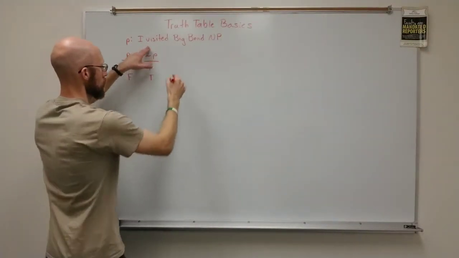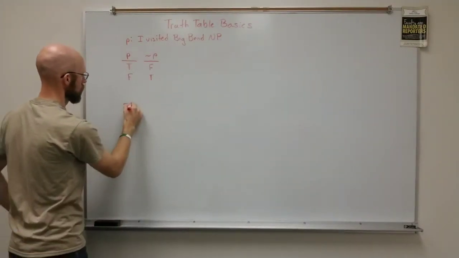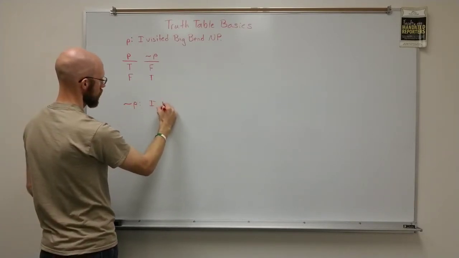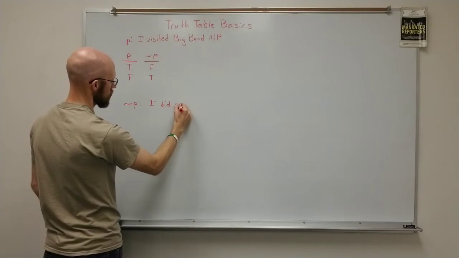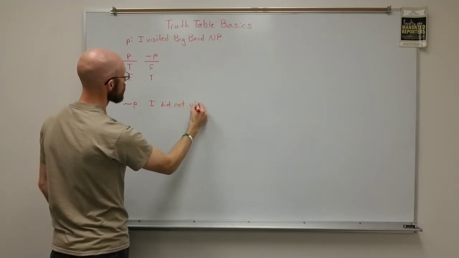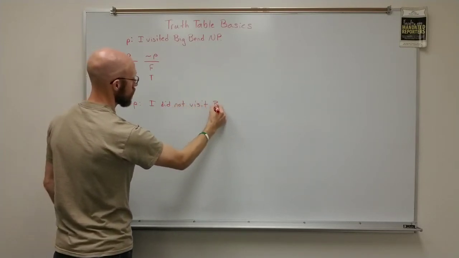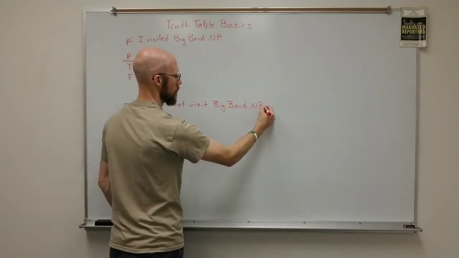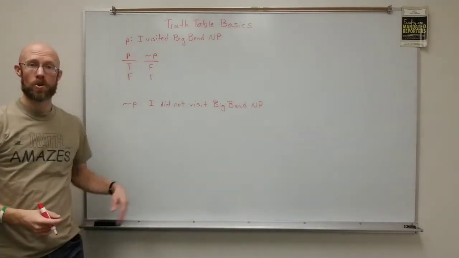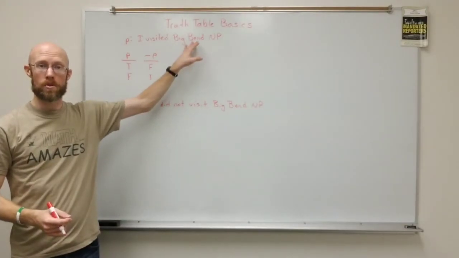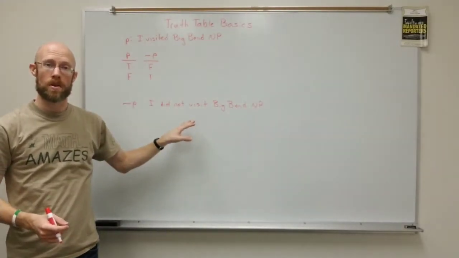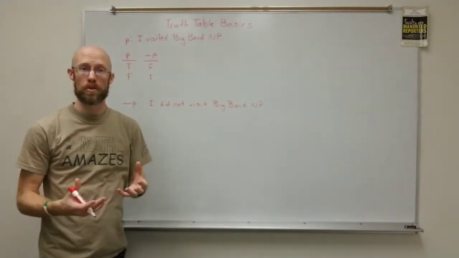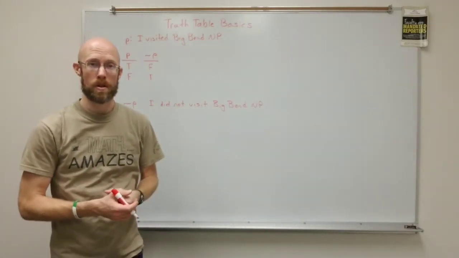So not P is of course the statement, I did not visit Big Bend National Park. Either the first one is true and the second one is false, or the first one is false and the second one is true. They cannot both be true, they cannot both be false.